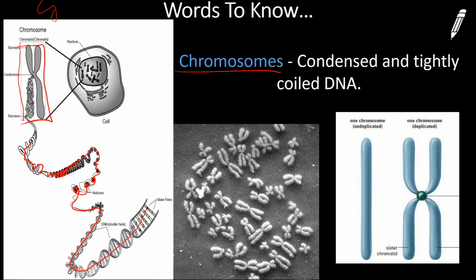Okay. Now, here's one thing to keep in mind too. This part could get a little bit tricky, so bear with me. This chromosome right here, this is one chromosome, but it has a duplicate copy. So this left side is identical to this right side, and they're joined together at the center.